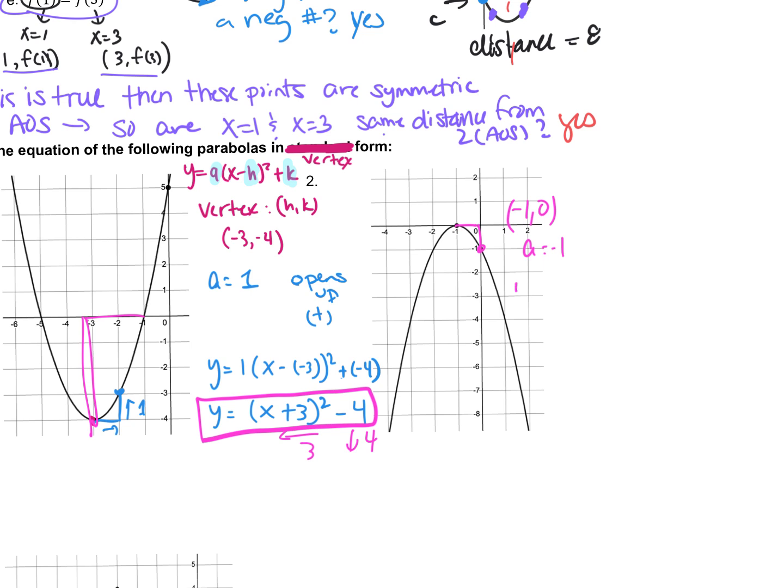Right, equation, y equals negative 1. We don't put the 1 there. And we have (x plus 1) quantity squared, and we have a positive 0. But again, we don't use that. So our final equation cleaned up is negative 1 times (x plus 1) quantity squared.